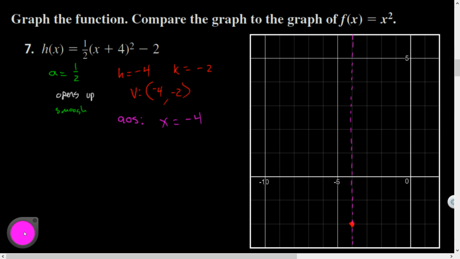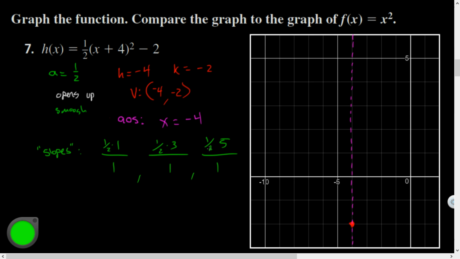So let's see, for my slopes. Normally it's up 1 over 1, up 3 over 1, up 5 over 1. But I've got to multiply all the numerators by a half.